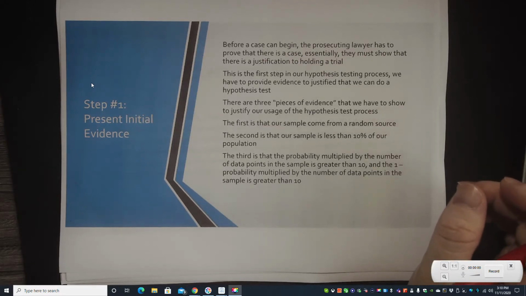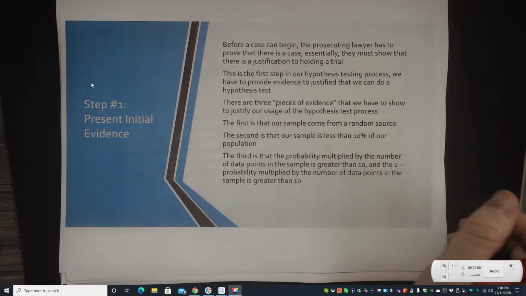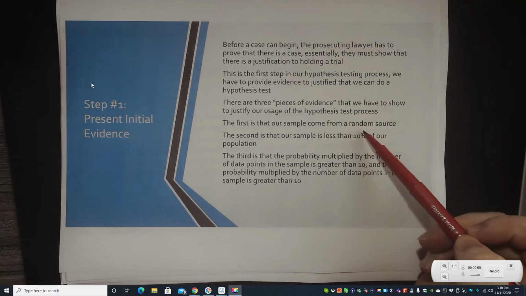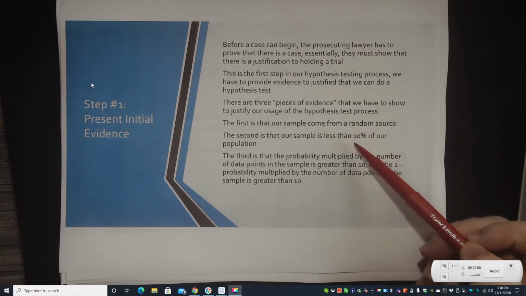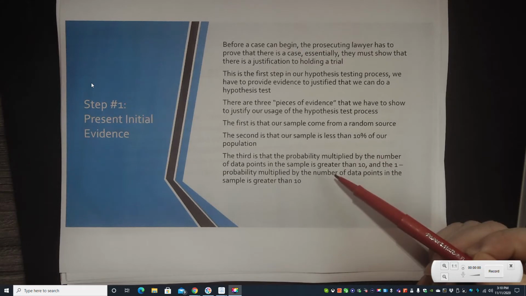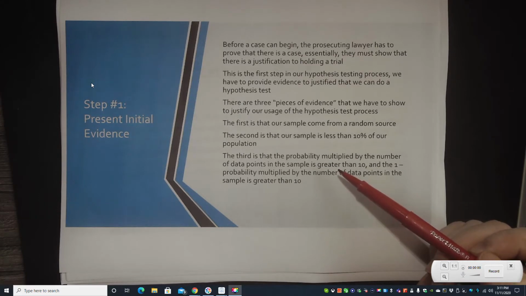We have to provide evidence to justify that we can do the hypothesis test. So the three pieces of evidence that we show are that the sample comes from a random source, that the sample is less than 10% of the population, which is one of the qualifications we saw for a sampling distribution, and that n times p is greater than or equal to 10, and n times 1 minus p is greater than or equal to 10.